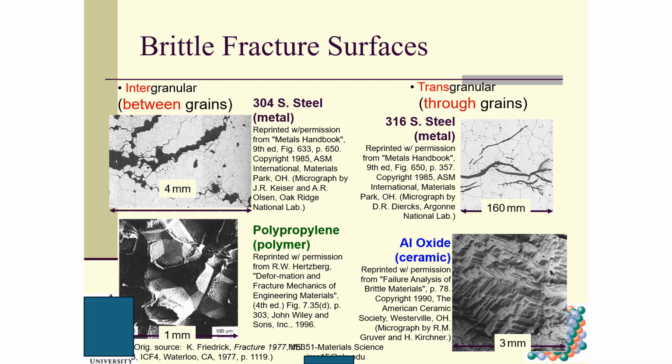Intergranular means that the cracks do not go into the grains, just along the grain boundary. Transgranular, as the name suggests, means the crack goes into the grains and transverses them. This is aluminum oxide, a ceramic. You can see very clearly the brittle fracture characteristic.